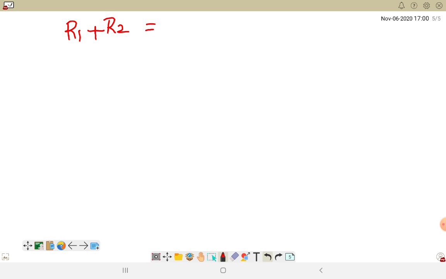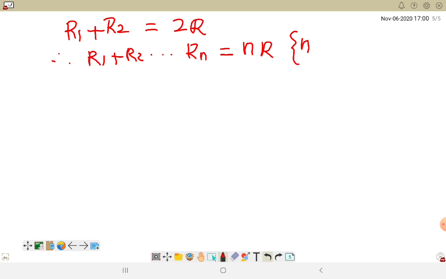If both are the same, what is the equivalent resistance? 2R. Suppose N resistors are connected in series. So what about the equivalent resistance? NR. So NR equal to 50.